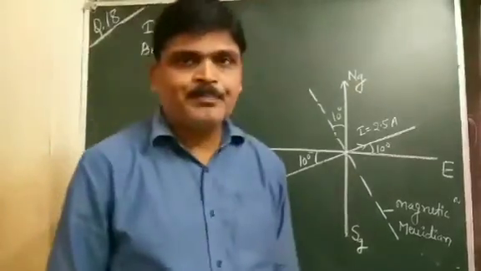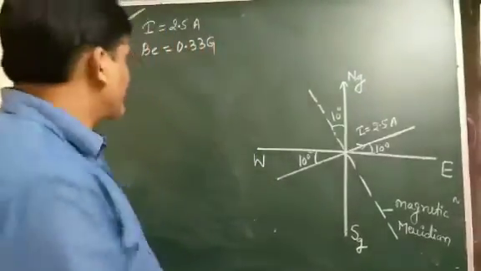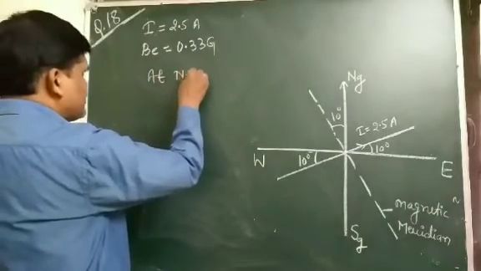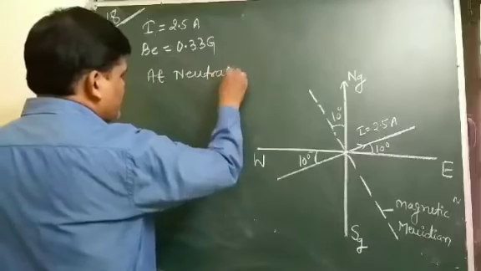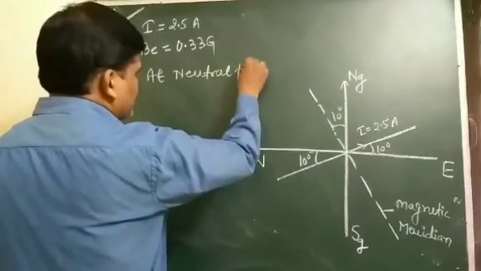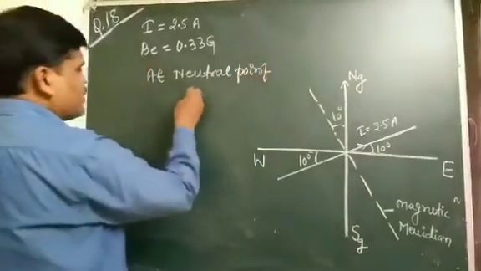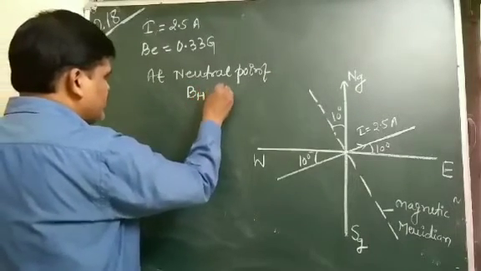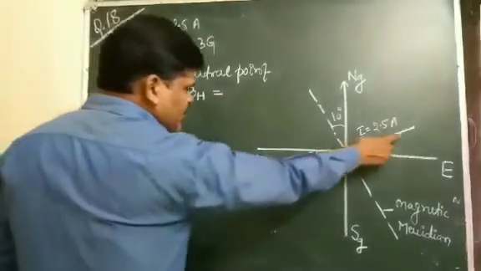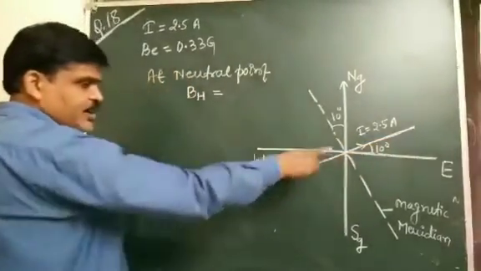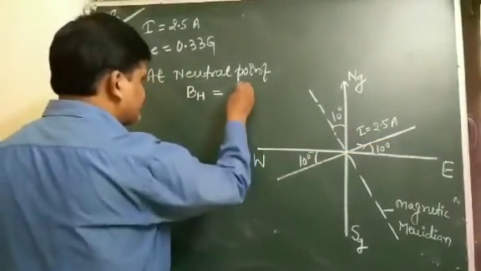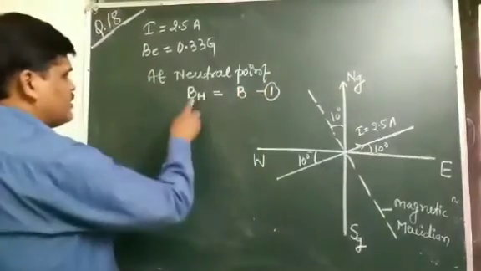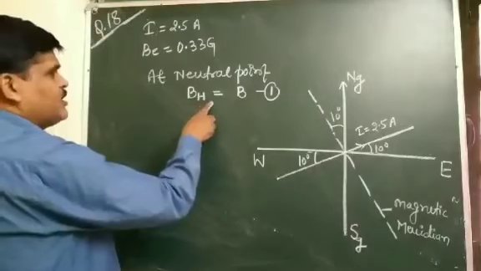And students, you know that at the neutral point, the horizontal component of Earth's magnetic field equals the field produced by the straight current carrying conductor, which is B. This is equation 1.